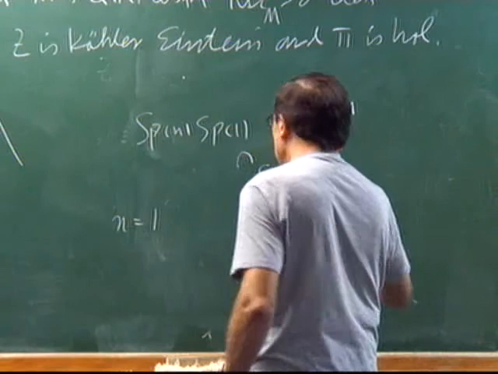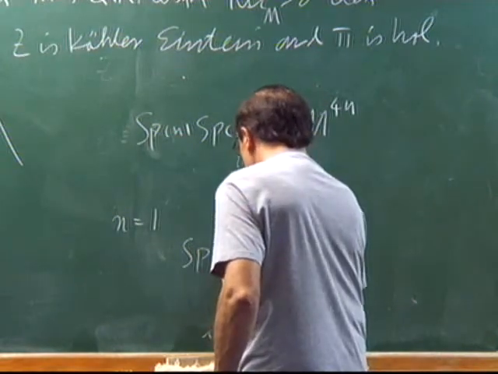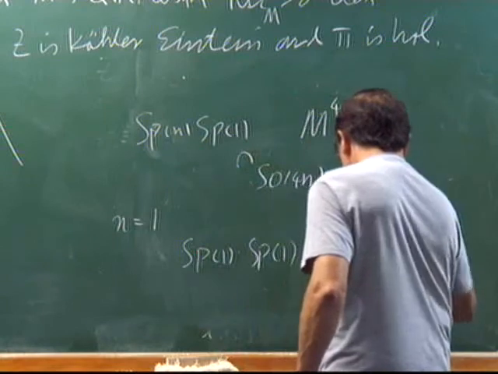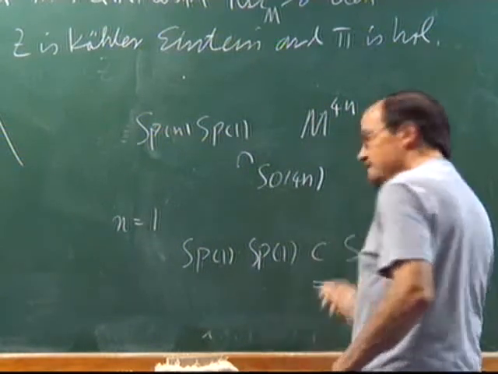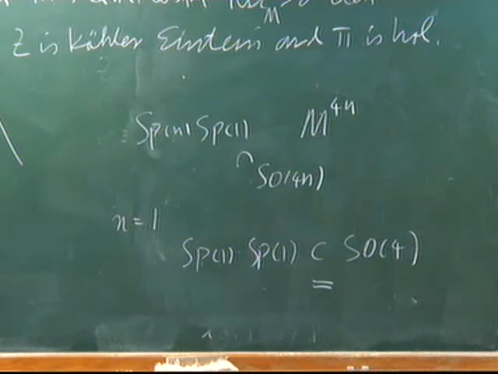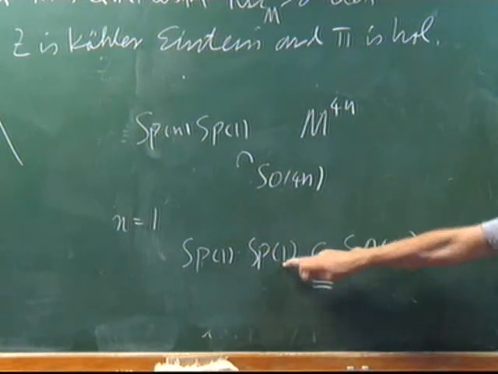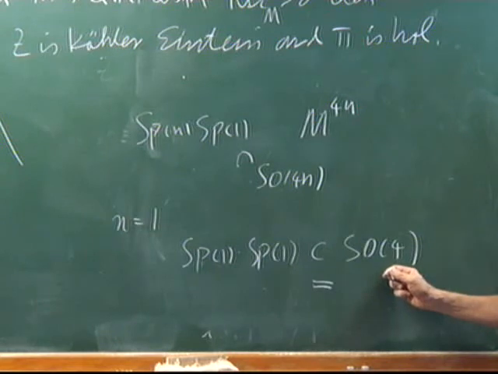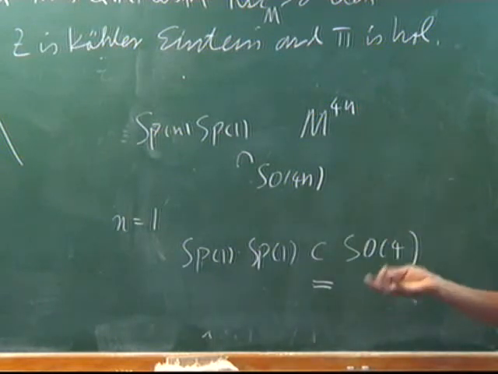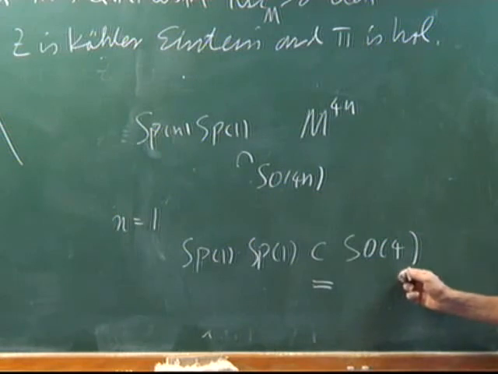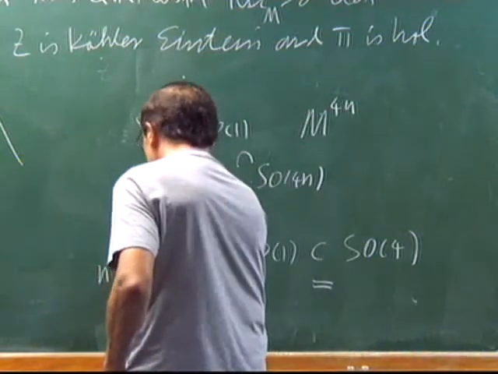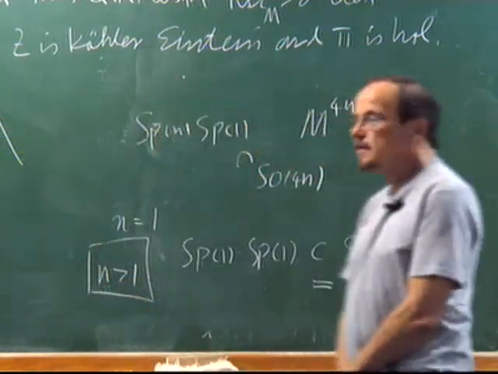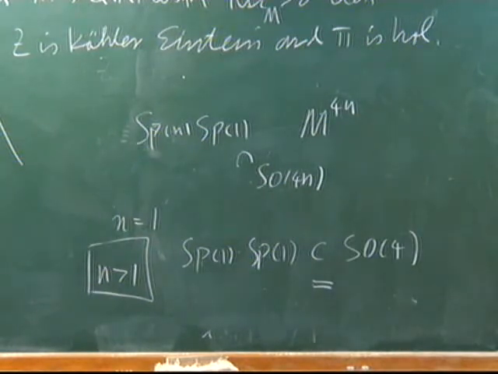For n equal to 1, Sp(1)·Sp(1) is contained in SO(4), but they are equal. Sp(1)·Sp(1) divided by the diagonal Z_2 is precisely SO(4). So in dimension 4, quaternion-Kähler doesn't mean anything. It just means an orientation and a metric. So you always want to assume n bigger than 1 whenever you talk about quaternion-Kähler manifolds. There is an analogous concept in dimension 4 called self-dual Einstein, but that has to be defined differently. We can't define it as a holonomy.